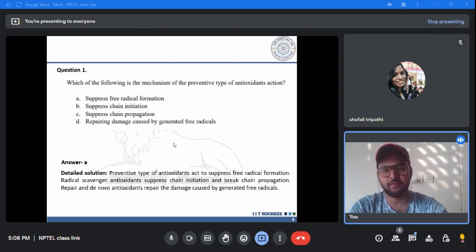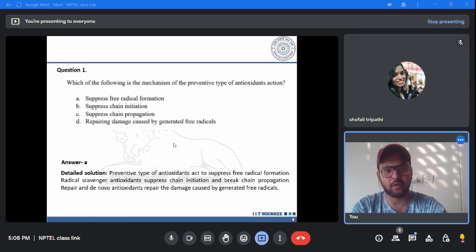So, preventive type of antioxidants act to suppress free radical formation. Then radical scavenger antioxidants suppress chain initiation and break chain propagation. Then repair antioxidants repair the damage caused by the generated free radicals. These are the three steps involved in antioxidant activity: initiation, propagation, and termination steps occur when an antioxidant works.